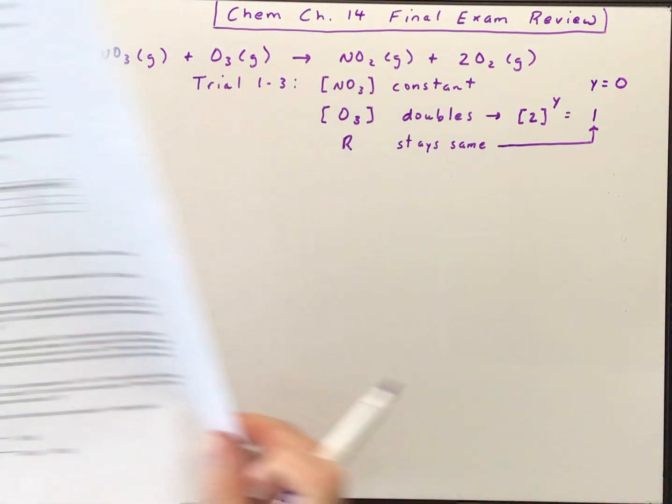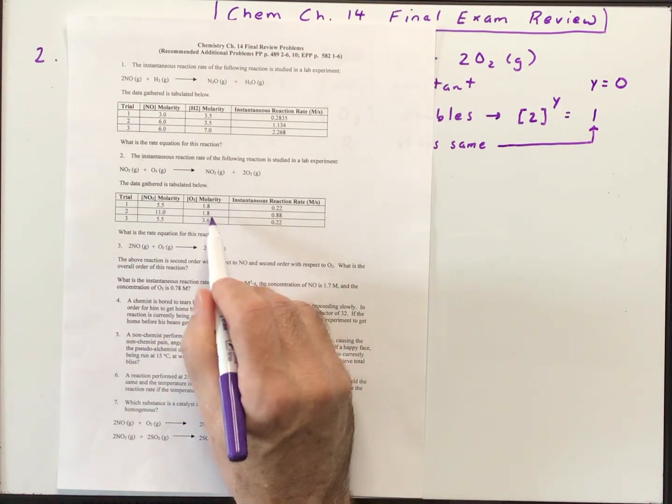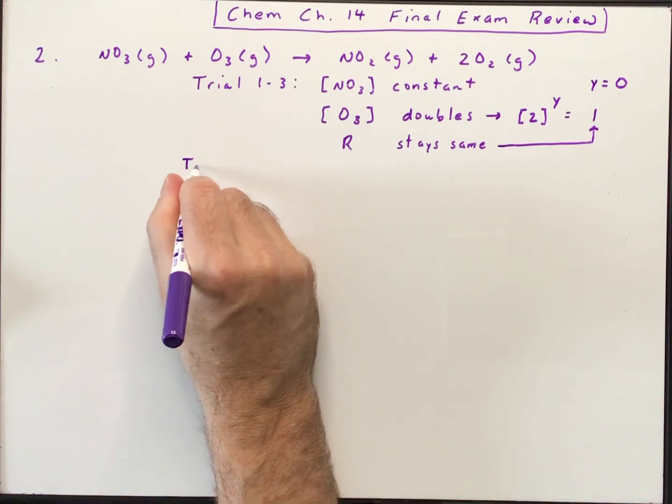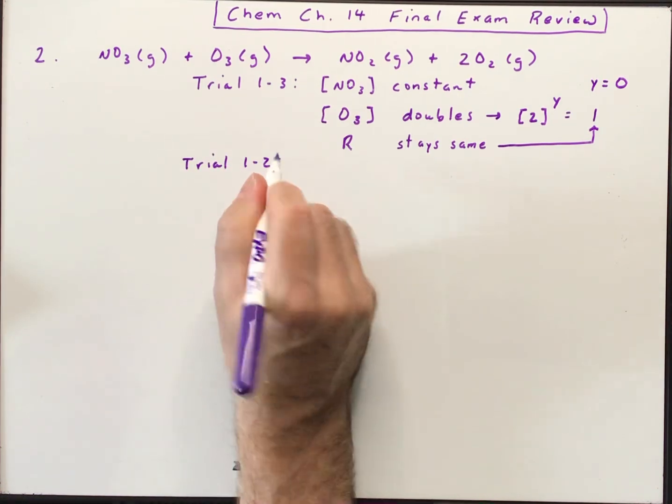Now let's take a look at the first reactant, NO3. It's held constant, I mean, the ozone is constant from trial 1 to 2.